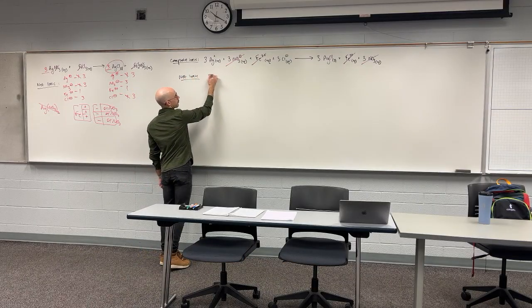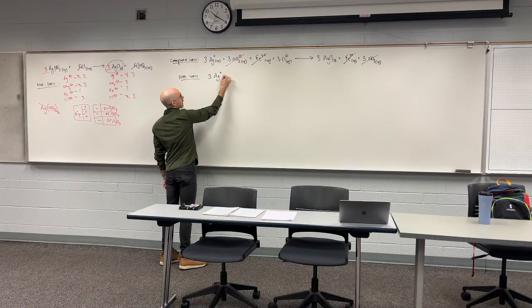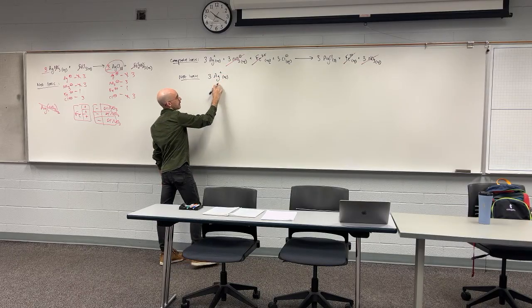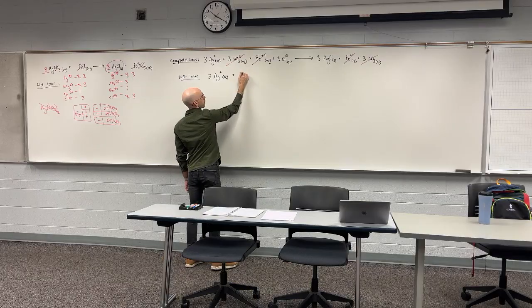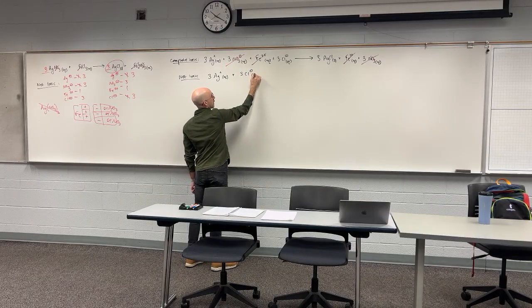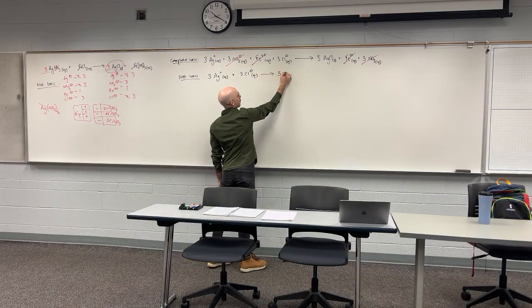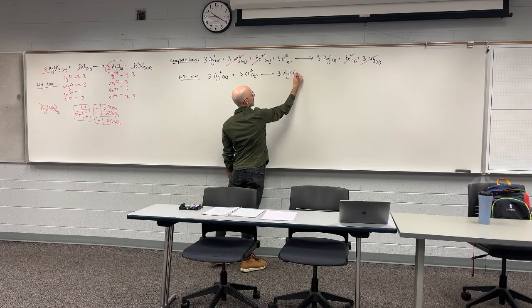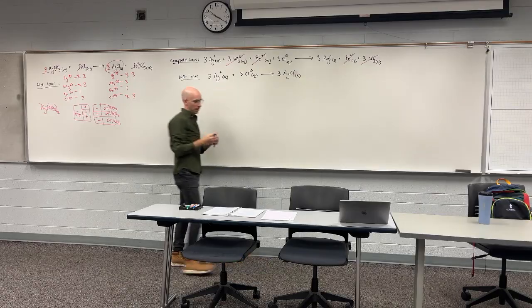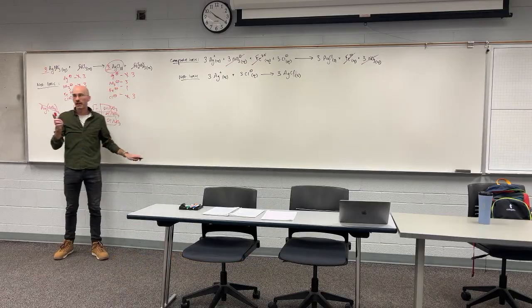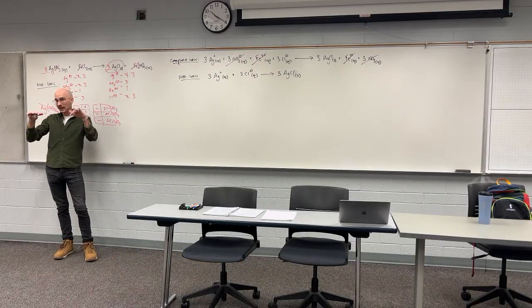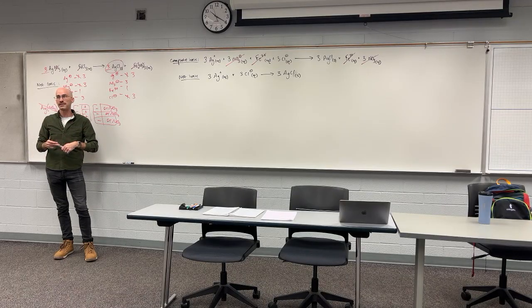So after I remove everything, I get 3 Ag plus aqueous plus 3 Cl minus aqueous to give me 3 AgCl solid. Earlier I mentioned some of you were not writing your charges in the complete ionic or the net ionic that I was seeing.